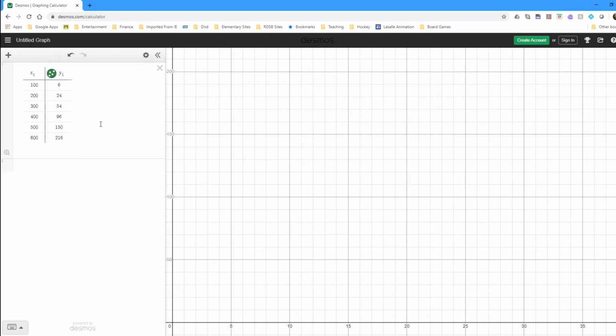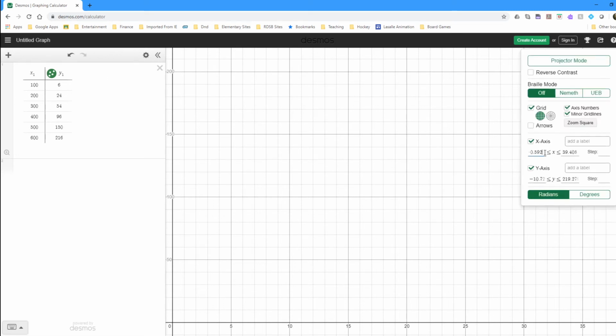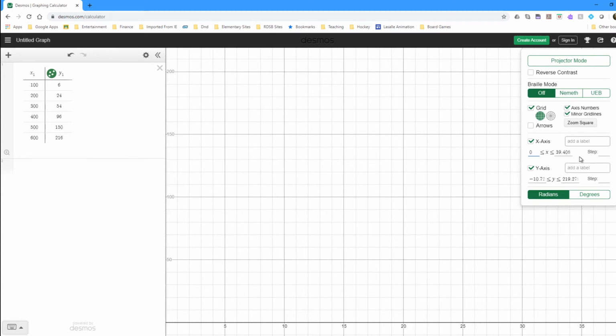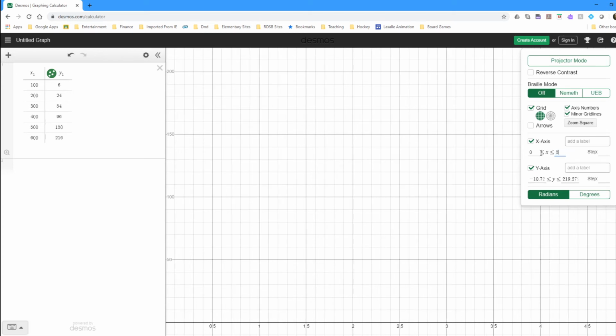So once again, we can't see our table because the scale is way off. So we're going to change our x-axis starting point to be, let's put it back to 0, and we're going to go all the way up to 650.